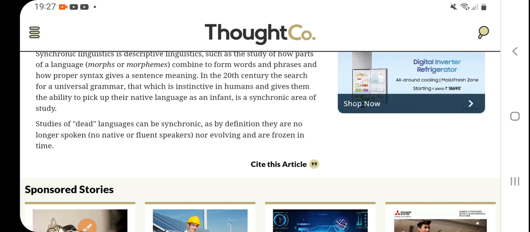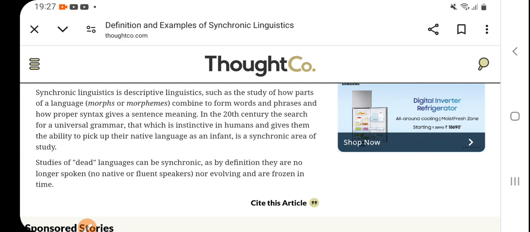Again, I'm repeating: synchronic linguistics is descriptive linguistics, the study of how parts of language, a morph or morpheme, combine to form words or phrases, and how proper syntax gives a sentence meaning.